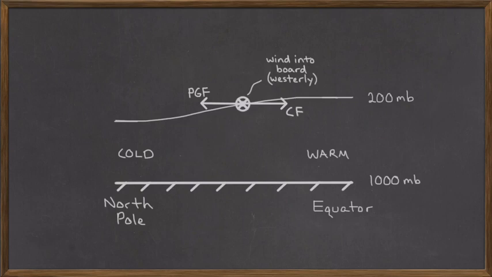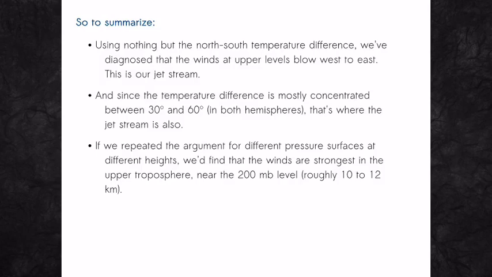So just to summarize, using nothing but information about the north-south temperature gradient, the north-south temperature difference, we were able to diagnose the existence of these winds in the upper troposphere blowing from west to east. That is, we were able to diagnose the existence of the jet streams.